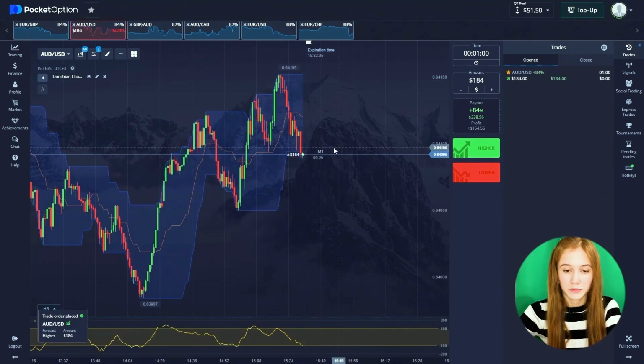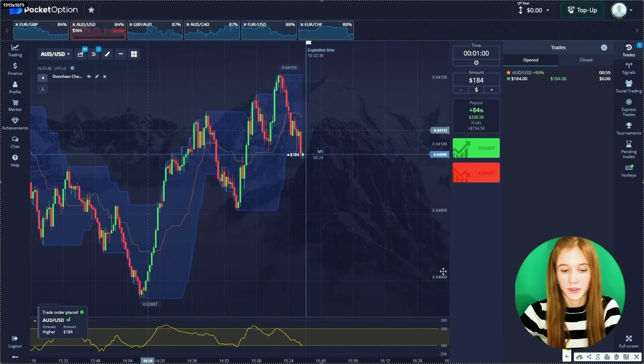Here we are. Let's open a deal and start our technical analysis. 24 seconds until this candle closes. You can see this is the time of opening trades. Some reversal occurs, and this reversal always needs to be highlighted well.